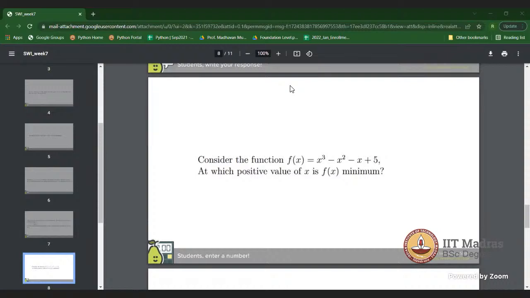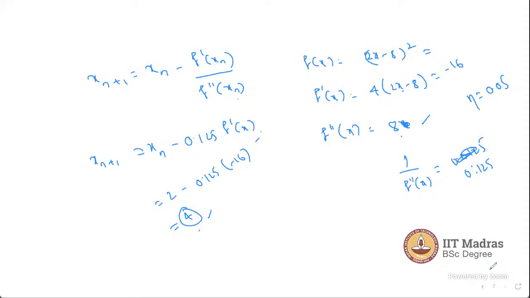Okay, so we can solve for that if you want. We have f of x as x cube minus x squared minus x plus 5, right? So f dash of x is equal to 3x squared minus 2x minus 1.